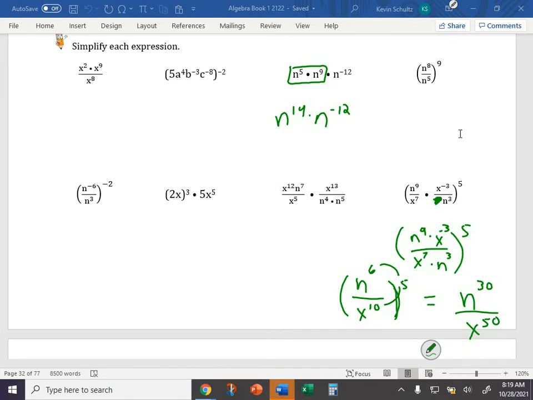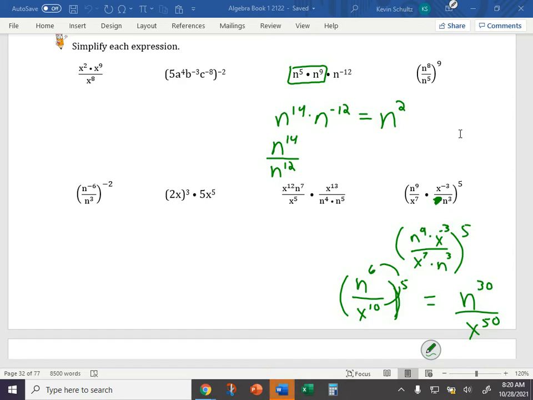We've got two potential rules happening here. We're multiplying by the same base, which when you multiply by the same base, what's the rule for the powers? You add them, okay? So if we do that, 14 plus negative 12 gives us what? N squared, okay? Or if we apply the rule for negative powers, we're going to move that n to the negative 12th down, giving us n to the positive 12th in the denominator.